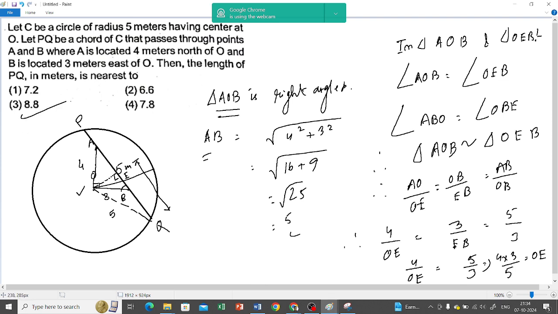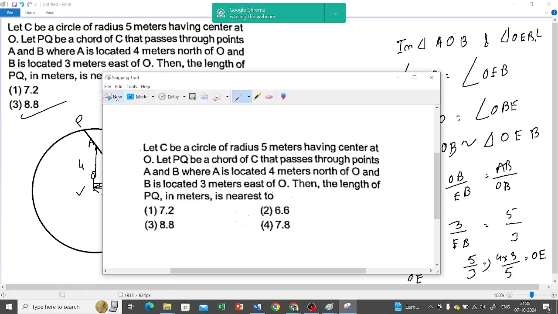Understood, Niladri? This sum or no? Understood. So this sum was a little bit tricky.